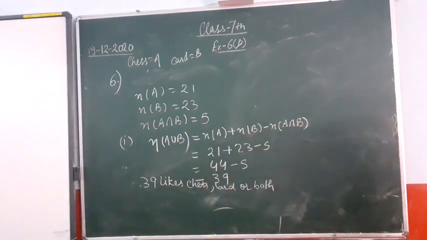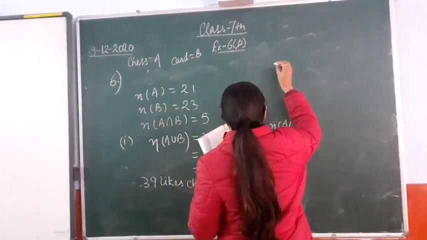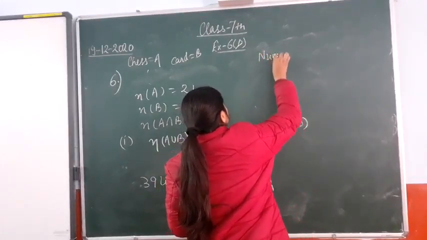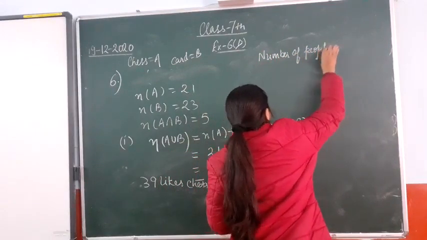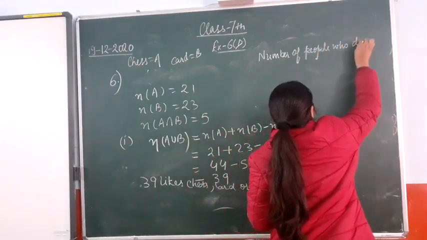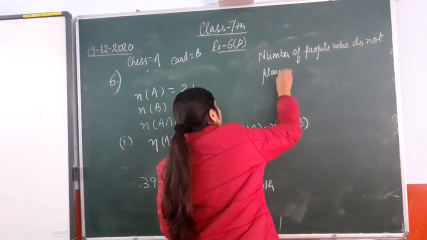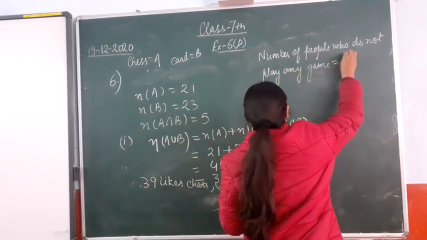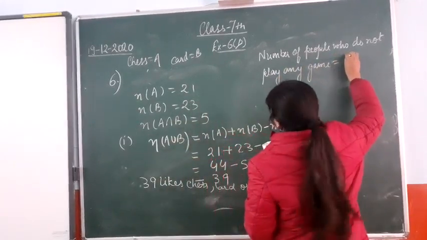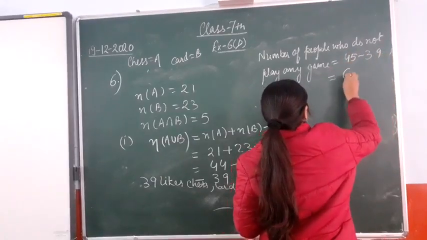Now, what is the question? The question is, how many do not play any of the games? So the number of people who do not play any game is equal to the total number, which was 45, minus 39, that will be equal to 6.